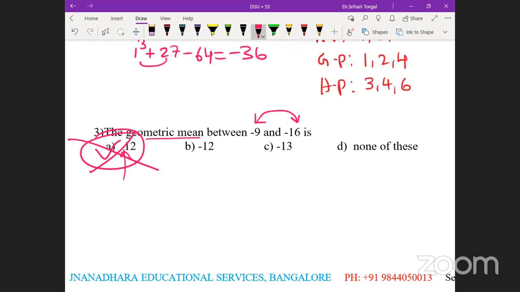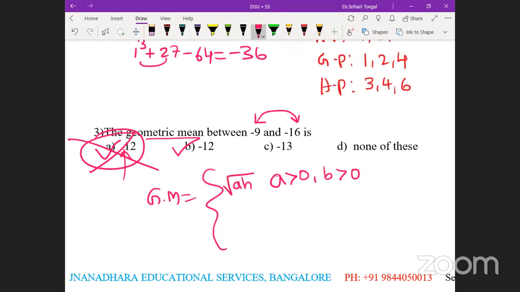How can this 12 lie between -9 and -16? Remember, I'll tell you the geometric mean formulas here. When both numbers are positive, then only you use the formula root AB. If both numbers are negative, then the answer is minus root AB. Remember this.